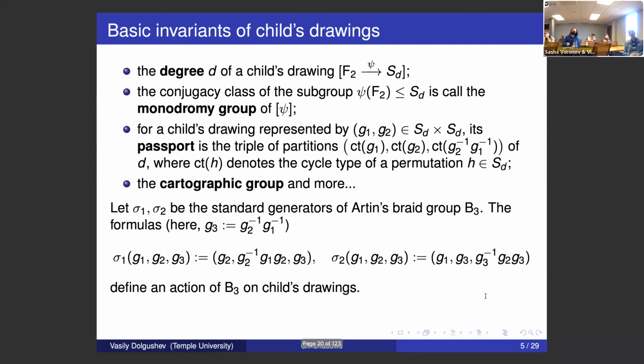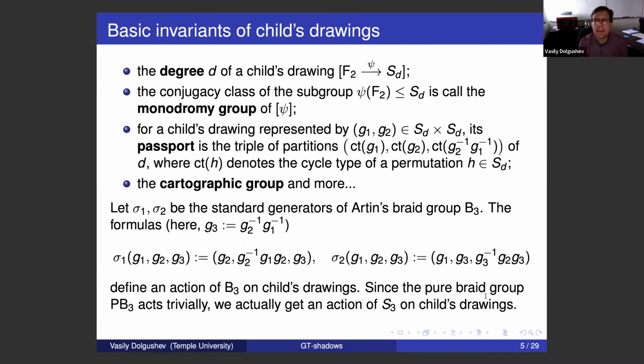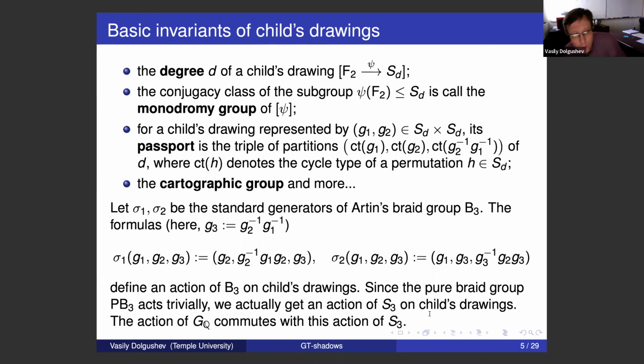S3 is the one which permutes 0, 1, and infinity? That's right, exactly. So that's why it's obvious that this action of S3 is compatible with the action of GQ, just because linear fractional transformations have coefficients in Z, so therefore in Q. The two actions commute. So that's what I wrote here: the action of GQ commutes with the action of S3.